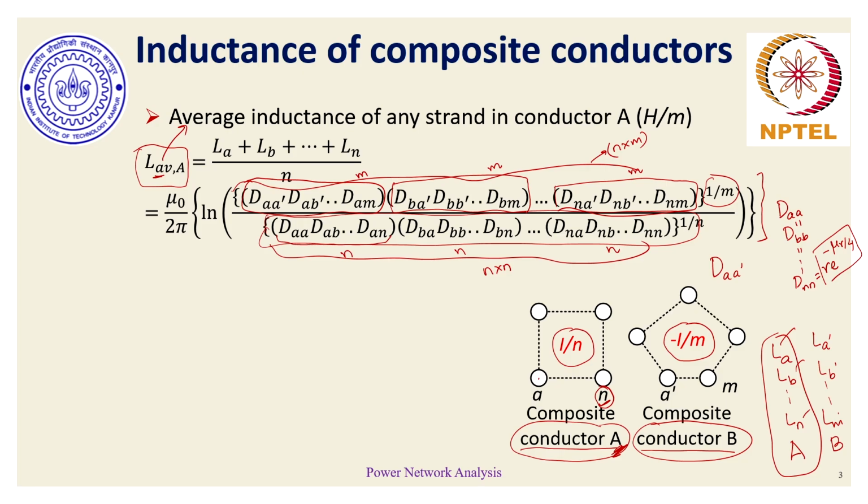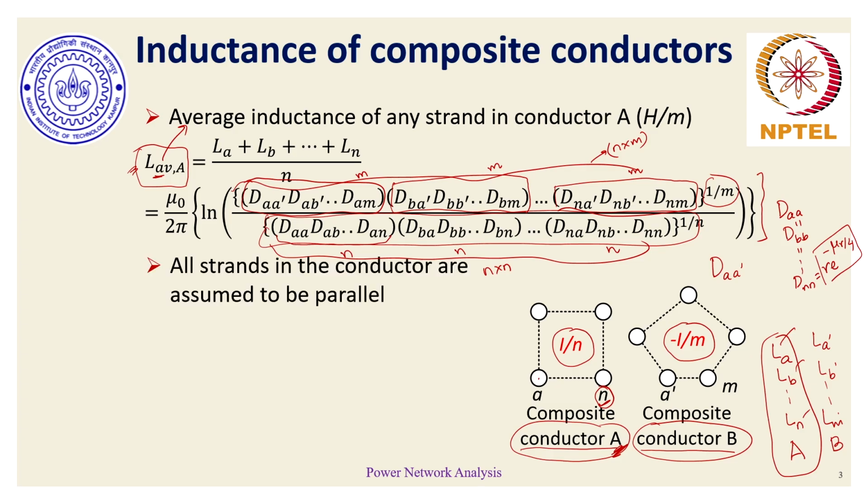So with this, we have figured out an average value of the inductance of all strands in conductor A. These strands are all conductors which are assumed to be in parallel because magnetic field distortion is not happening, magnetic flux lines are all concentric, the wires are all straight, there are no bends, etc. Since these strands are all in parallel and of the same nature, the currents in the individual conductors are also the same.